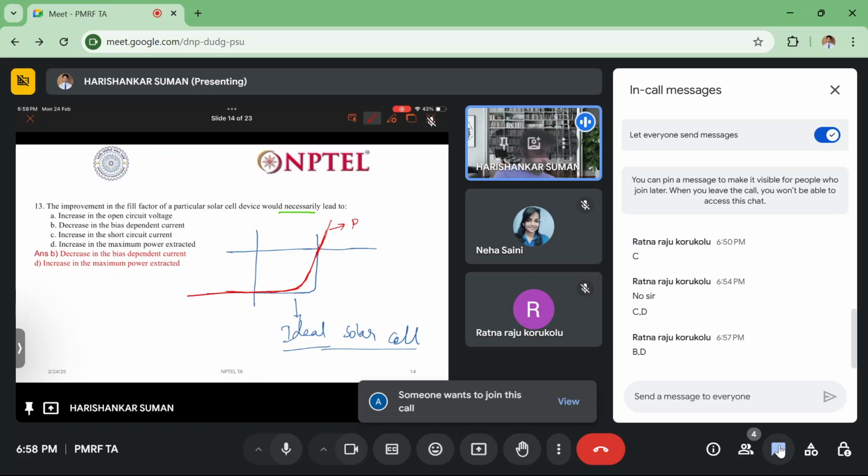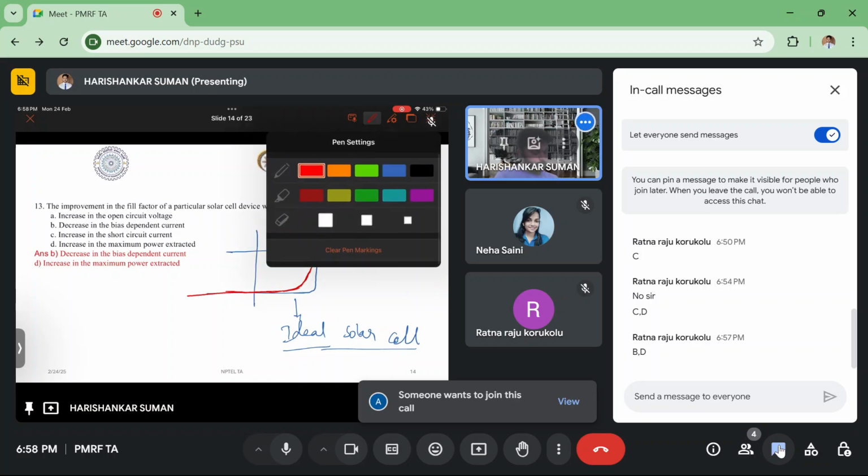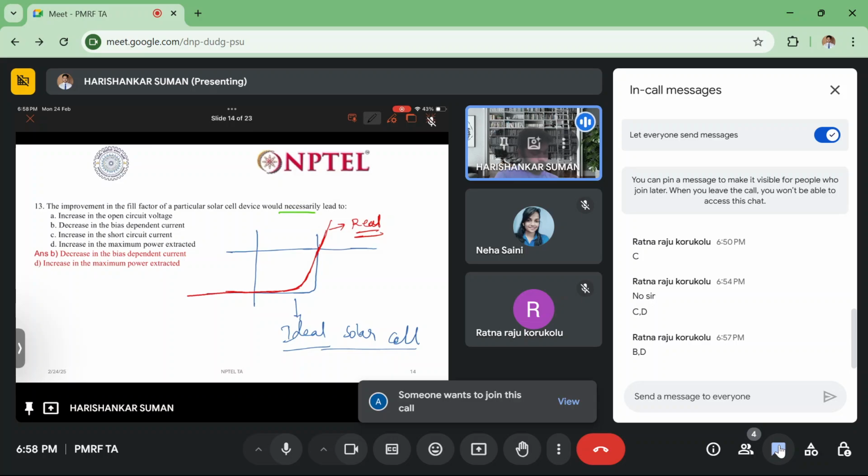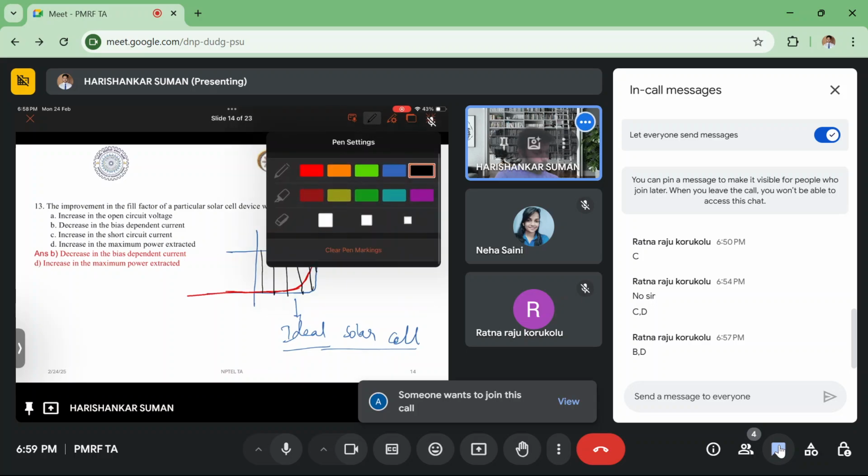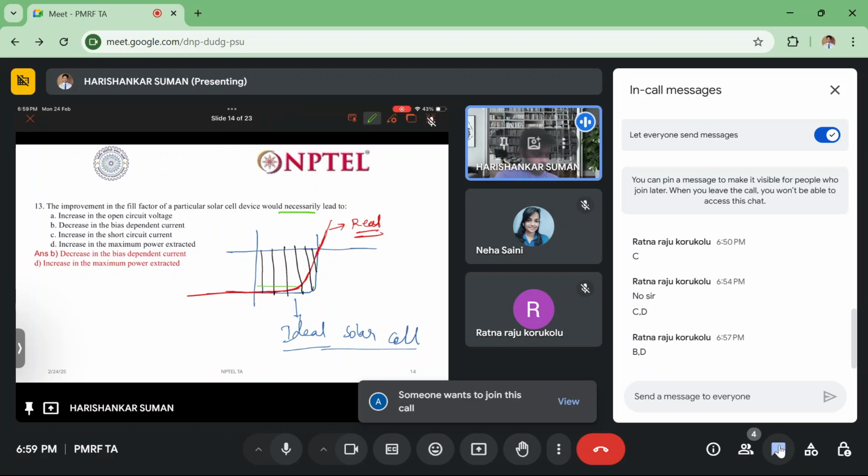This is real, and the fill factor is the ratio of the ideal solar cell to the real one; the ratio of these two defines the fill factor.